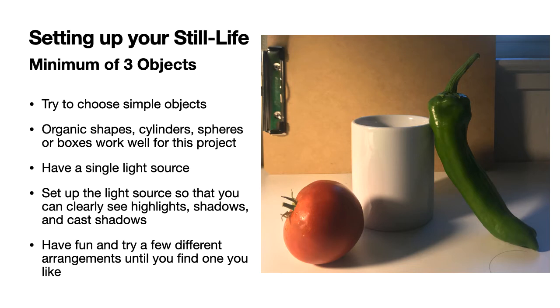Have fun and try a few different arrangements until you find the one that you like. You are going to have to do 2 of these, so you can use the same objects in both arranged in different ways, or you could use 2 totally different setups for each ink drawing.